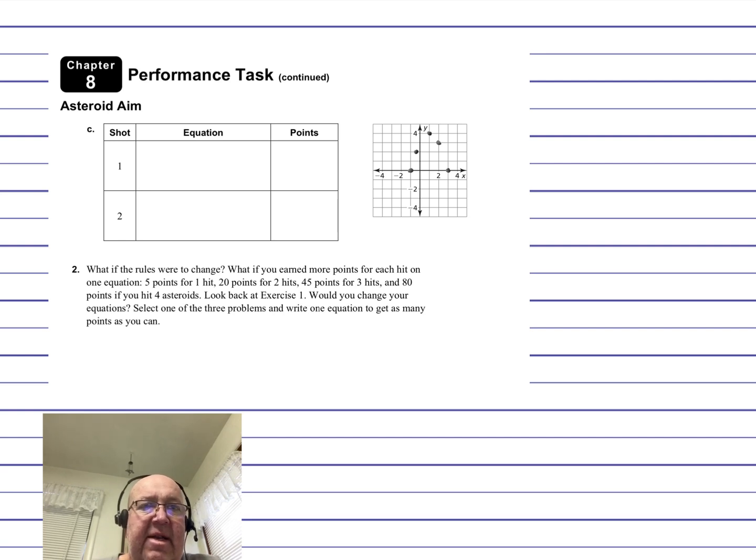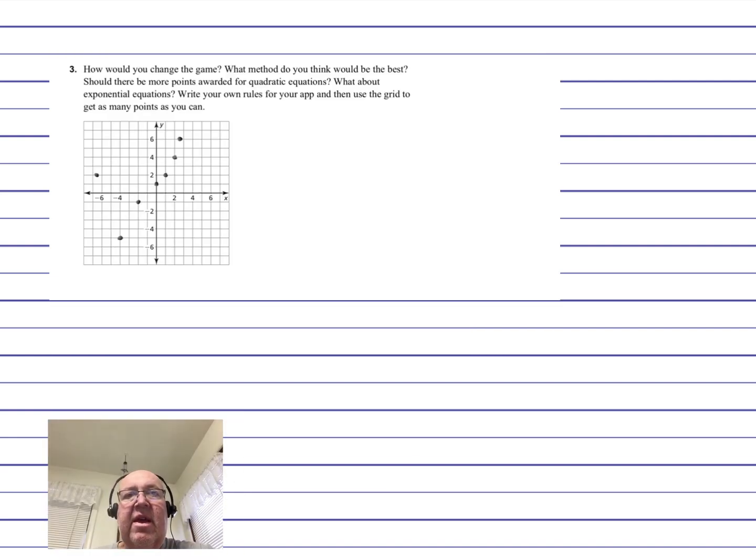Look back at exercise 1, so A, B, and C. Would you change your equations? Select one of those three problems and write one equation to get as many points as you can. So again, that's going to be extra work that you need to do and record. This is again looking at your thinking and how you solve problems.